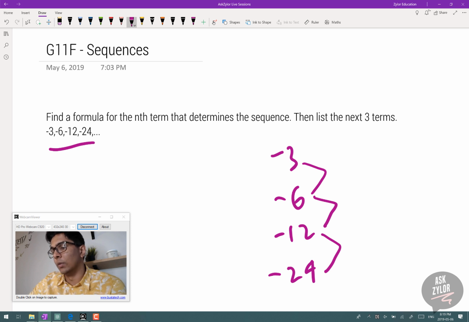And that factor we can find by dividing the second term of the sequence by the first term, so -6 divided by -3 gives me 2. I can keep going and find out if the factor stays the same, so it is, because 24 divided by 12 is 2, 12 divided by 6 is 2 as well.